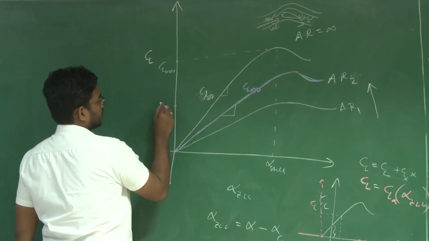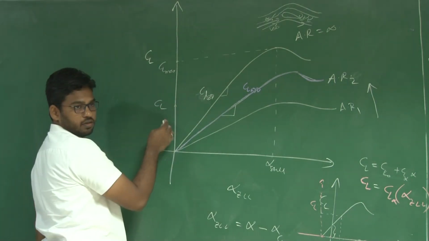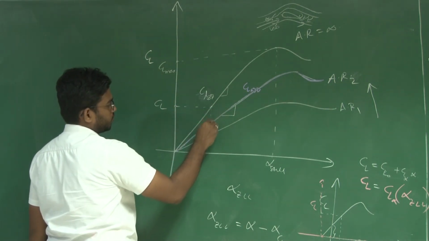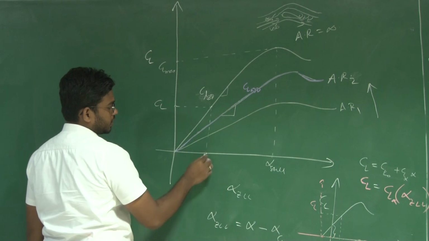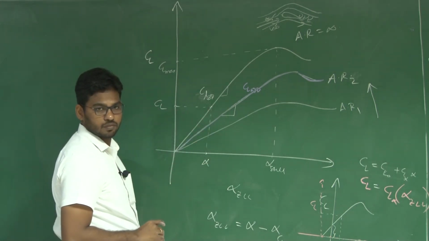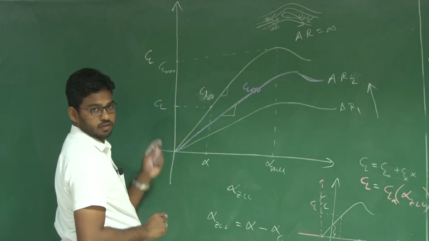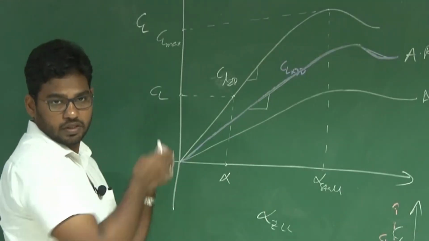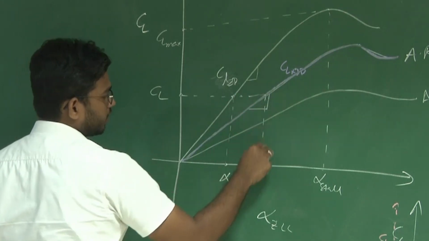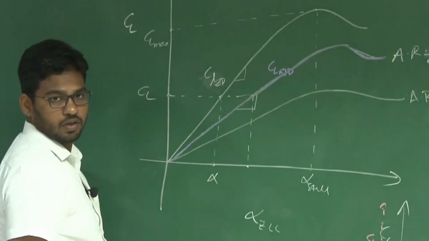Now look at CL for the 2D case. Let this angle of attack be alpha for this particular case. For the wing made out of the same airfoil, the same CL is achieved at a higher alpha.